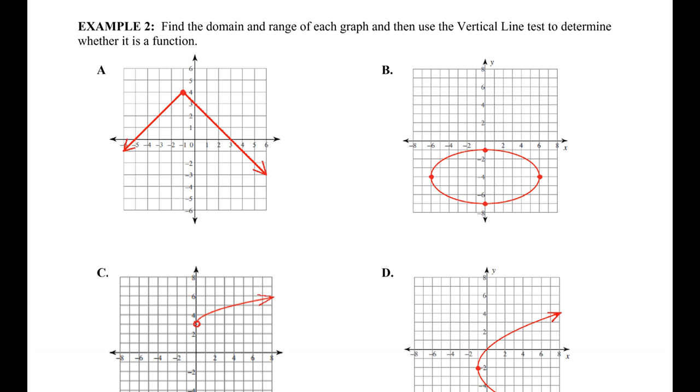We are also going to try and identify the domain and the range. To find the domain and the range, we are going to be looking left to right on the graph. In order to find our range, which is the y values, we are going to be looking up or down.